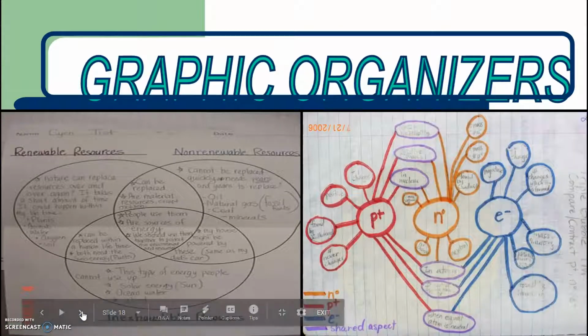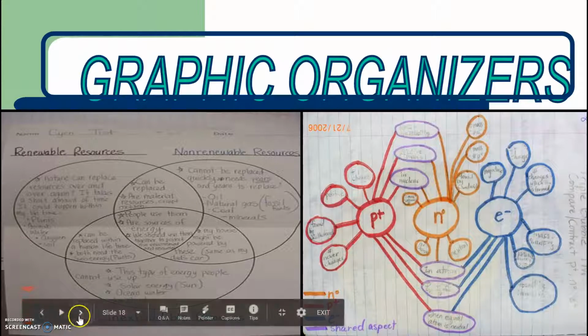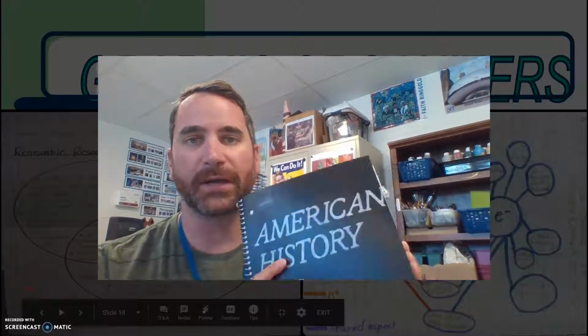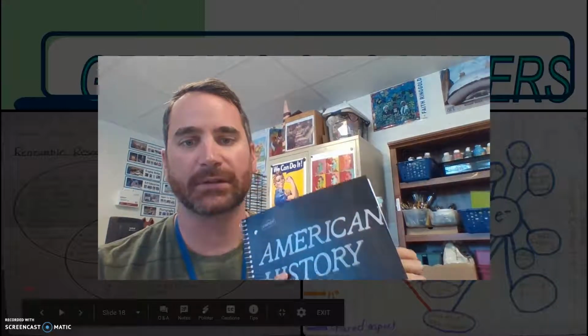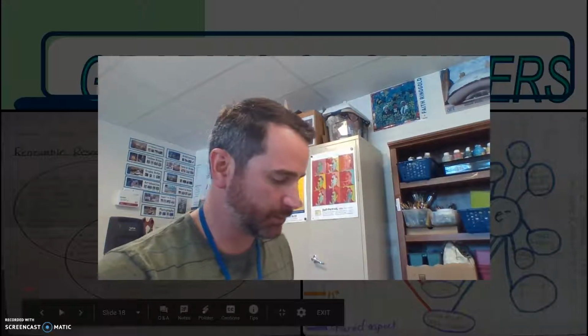Some of my favorite are the graphic organizers that can go into the left side of your notebook. Just wanted to show you a real example, and if you want to come find me at office hours and flip through this, you're more than welcome to. But this was an American history student from a couple years ago.